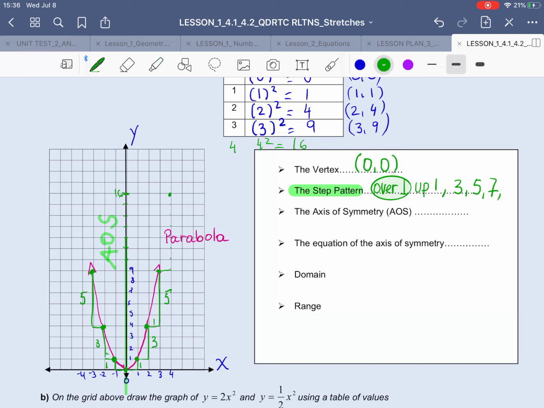So the axis of symmetry, we're going to say, is the y-axis. And sometimes you will be asked to write the axis of symmetry as a formal equation. Because it's a vertical line, you can write the equation as x equals, that's the format of any vertical line, x equals a number. And the number, in this case, is 0 because it's a vertical line that crosses 0.